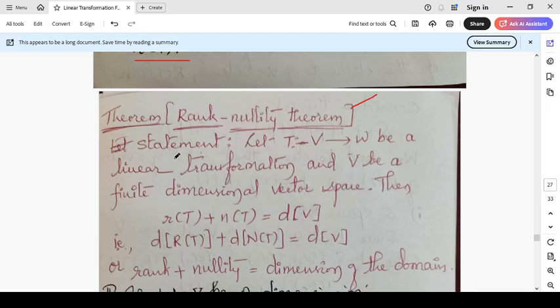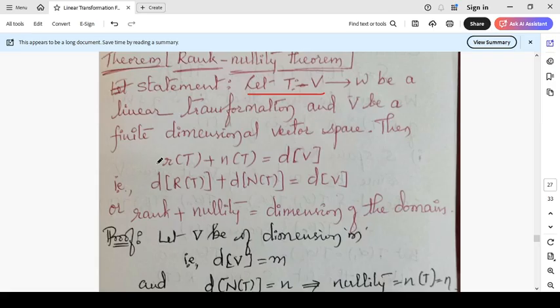Okay, the statement. Let T be a mapping from the vector space V to W, a linear transformation, and let V be a finite dimensional vector space.